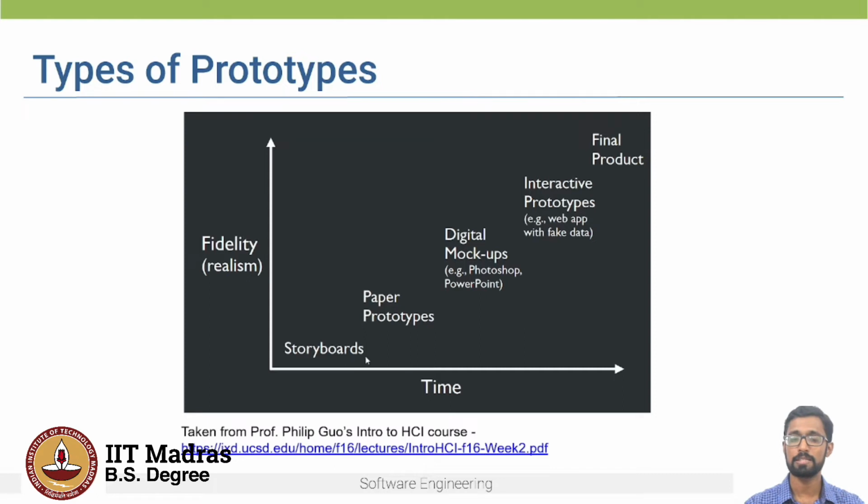In this graph, you can see that storyboards and paper prototypes are developed initially and they do not resemble the final product that much. But as you move towards the top right, you see that digital mockups and interactive prototypes move closer to the final product which we want to build.